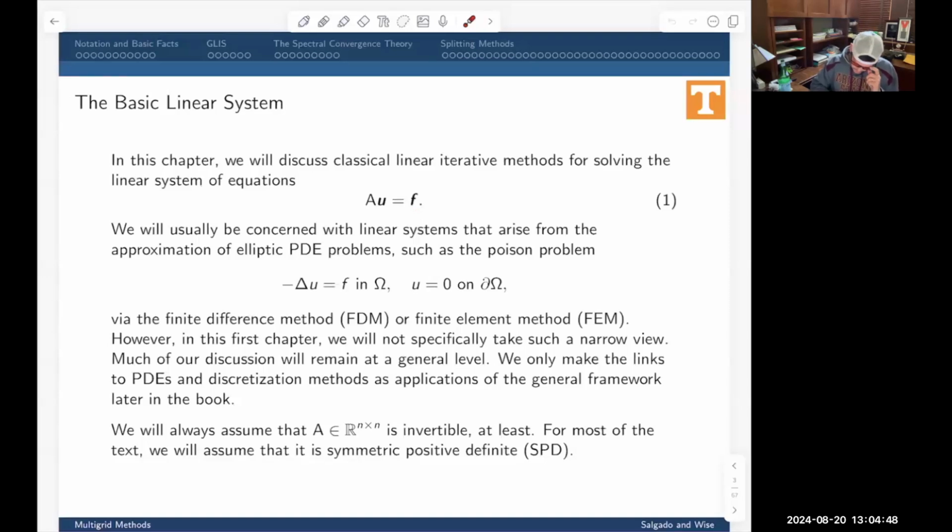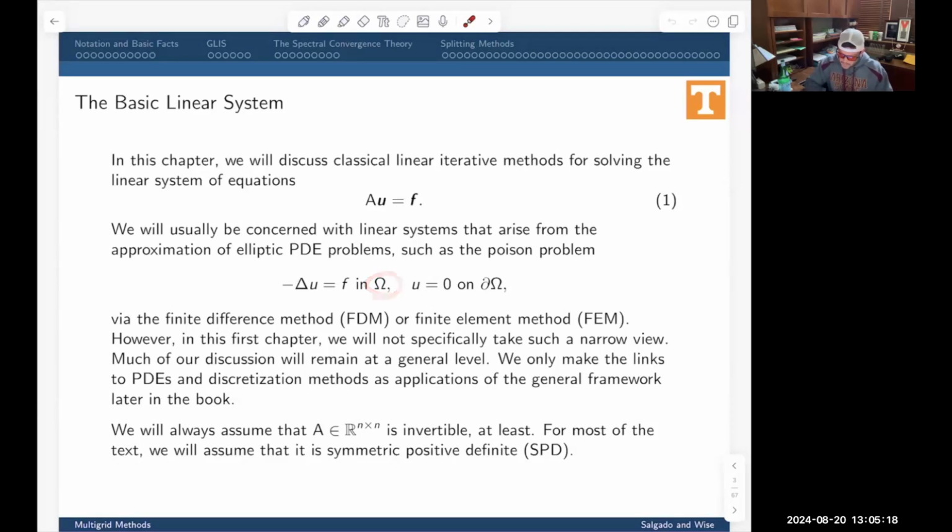So now we're going to be studying a specific class of these linear, at least to start with, linear systems of equations. And they're usually going to be derived from PDE problems, like the Poisson problem, minus Laplacian of U equals F. And the way they're derived from these problems is, well, let's suppose I want to solve this on a square domain.